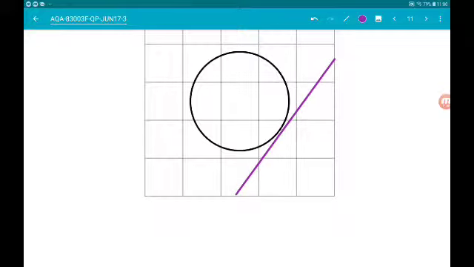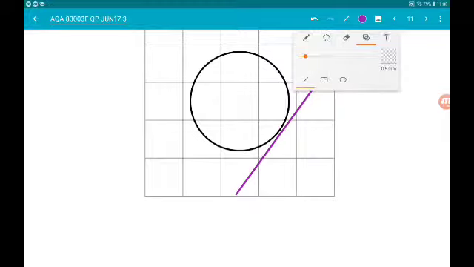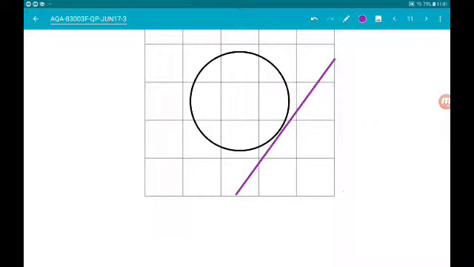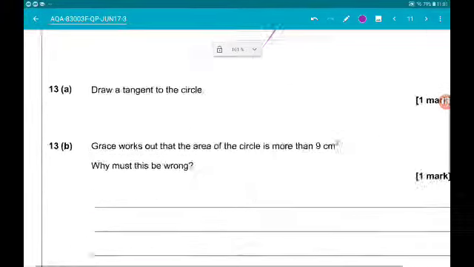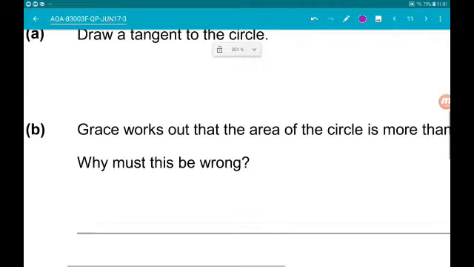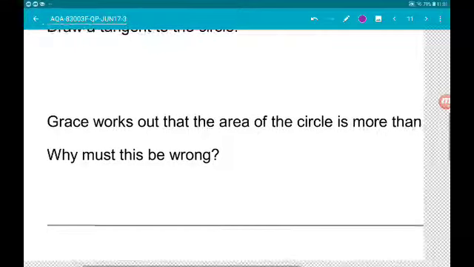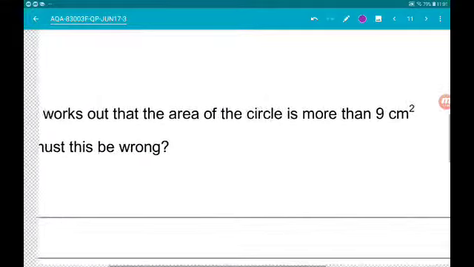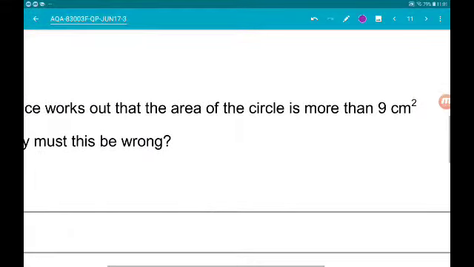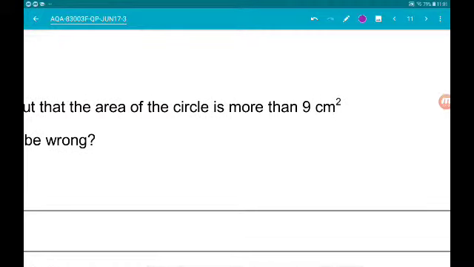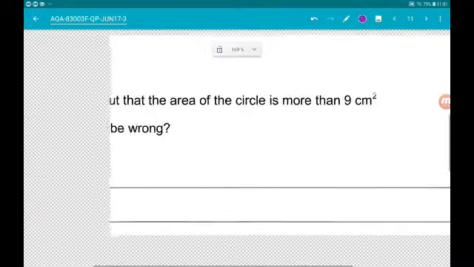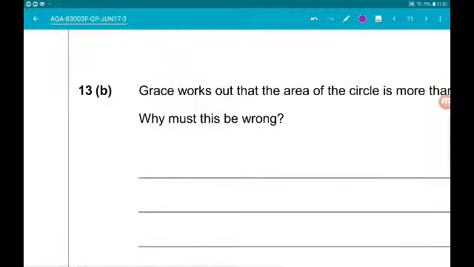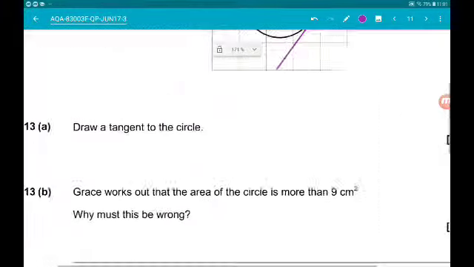So something like that. Okay, part B. Grace works out the area of the circle. She works out that the area of the circle is more than 9 centimetres squared. Why must Grace be wrong?